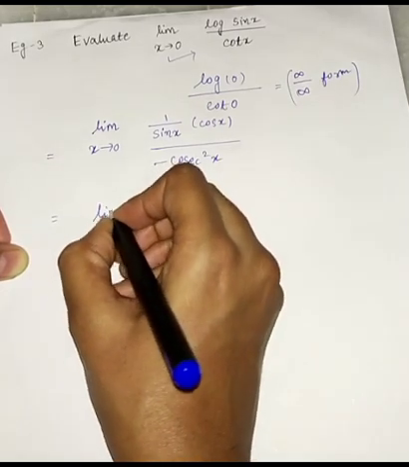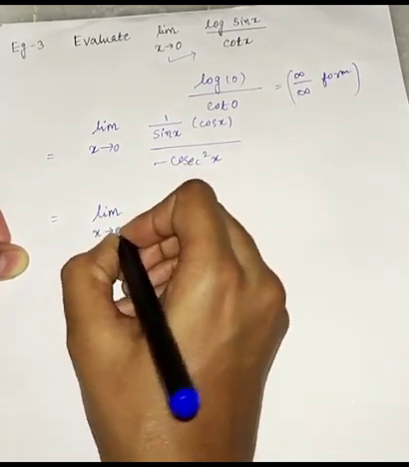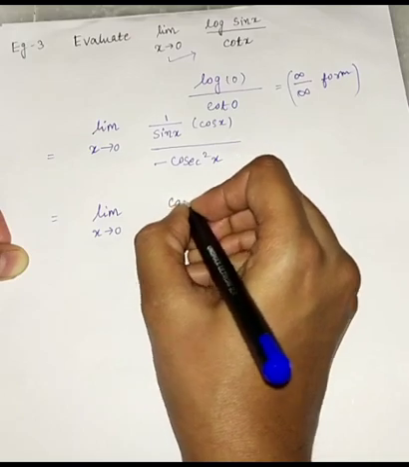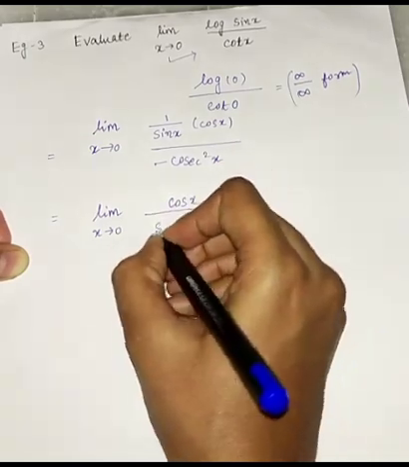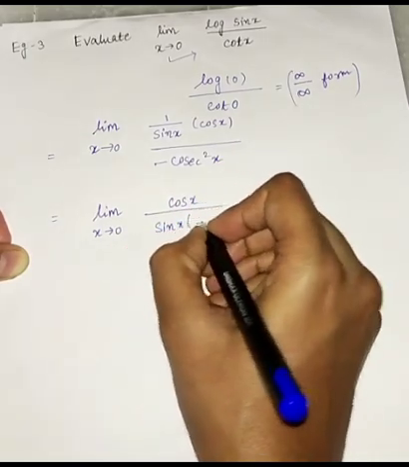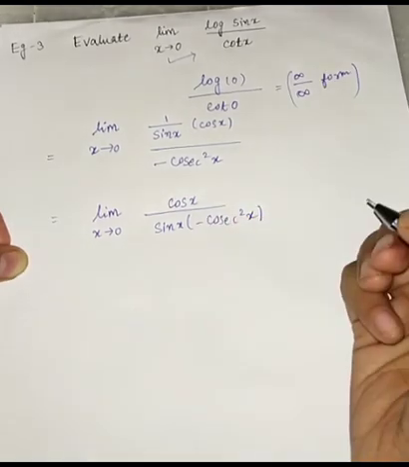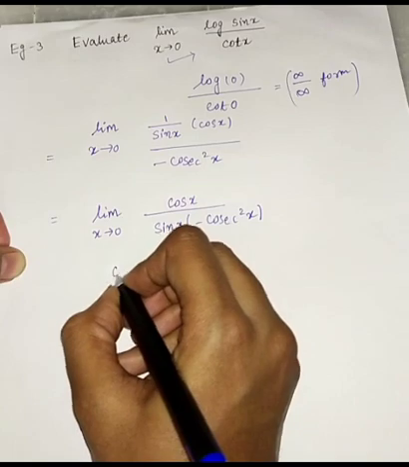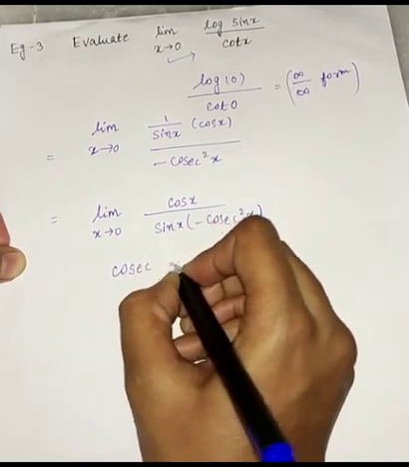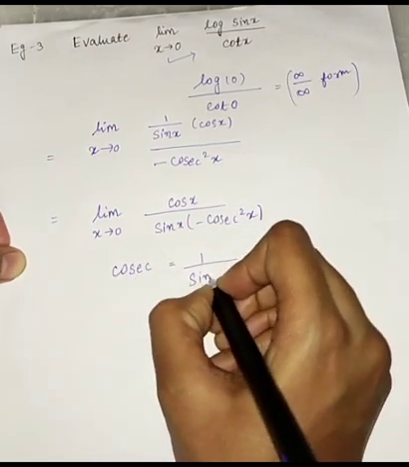So we can rewrite this equation as cos x upon sin x into minus cosec square x. But we know that cosec x is equal to 1 upon sin x.